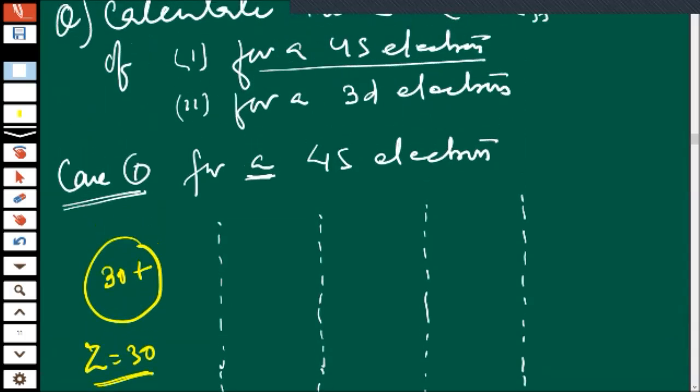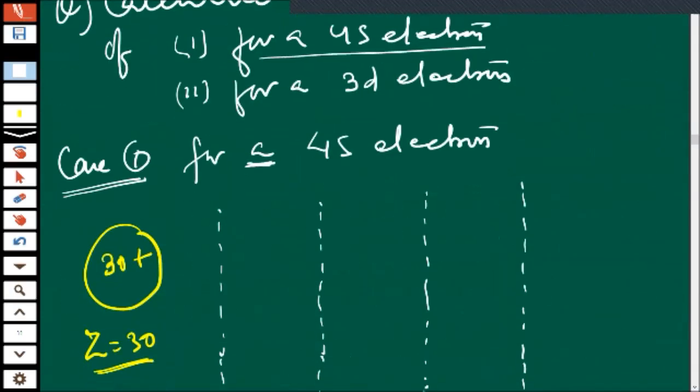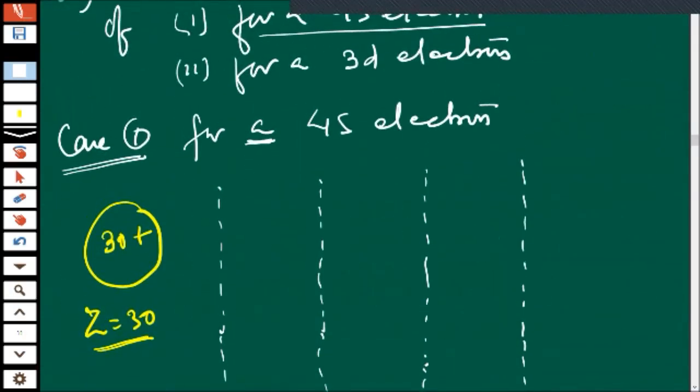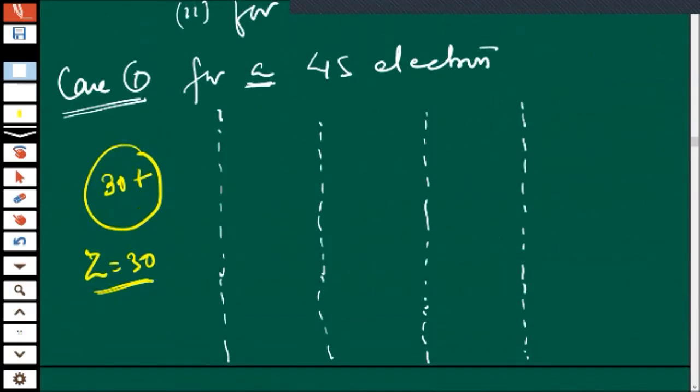Now write this electronic configuration. So that the matter is, you should have a crystal clear idea what is going on. Children, this is first orbit. This is second. This is third. This is fourth orbit.